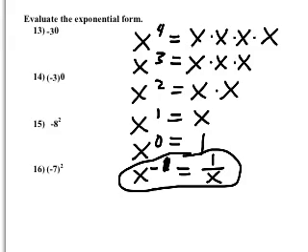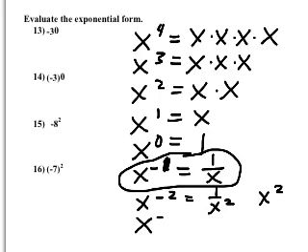Okay, so x to the negative 2 will divide 1 over x by x, and we get 1 over x squared. 1 over x squared is the reciprocal of x squared. So the negative powers give you the reciprocal of the positive power. So you can understand what I'm talking about there.